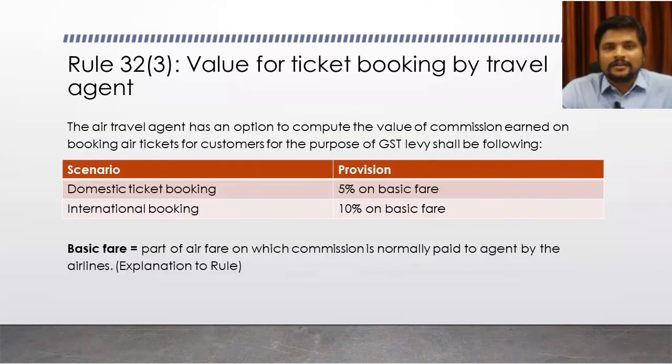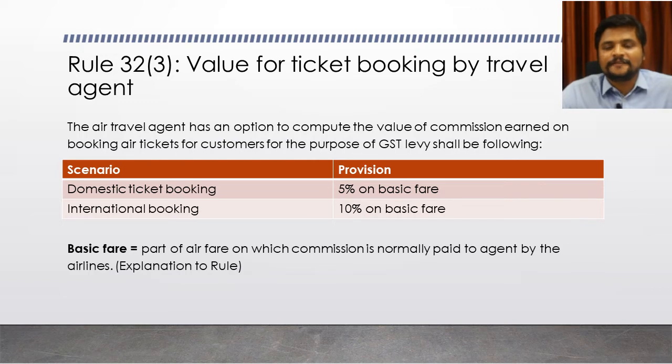Next, for the type of service which is travel booking, the travel agent who does the passenger ticket booking, which is the air travel agent, how is the value computed? Scenario 1, the type of ticket booking is domestic ticket booking. The airfare is for domestic flights.